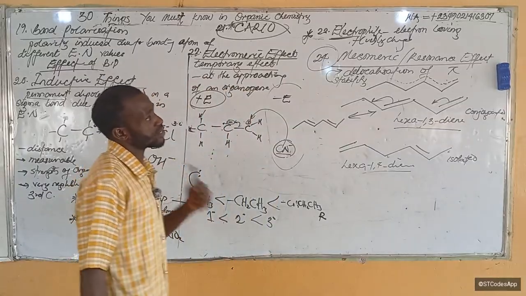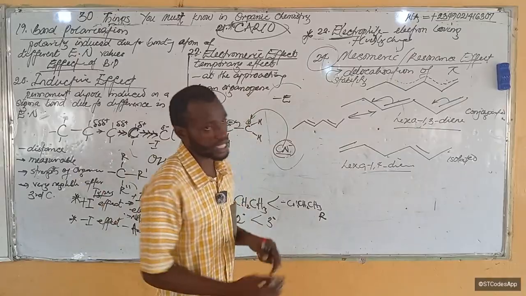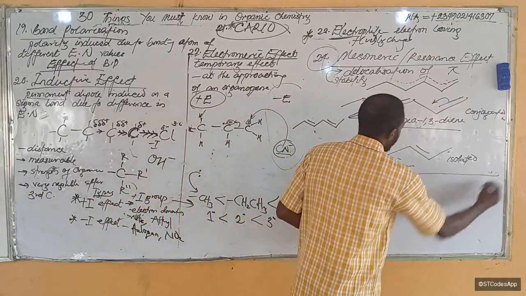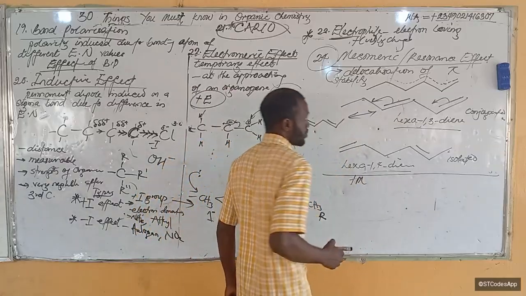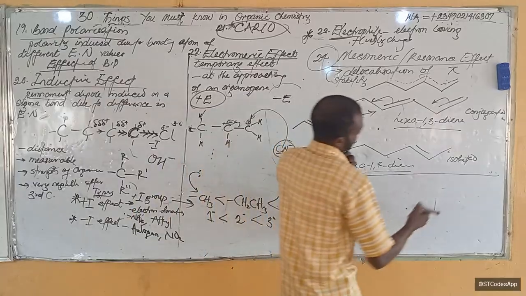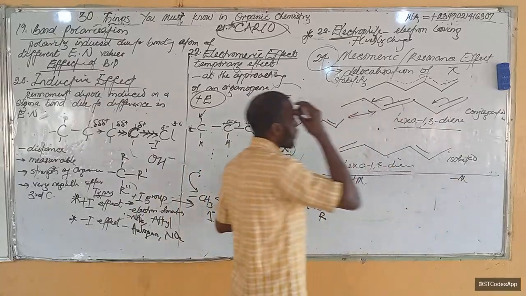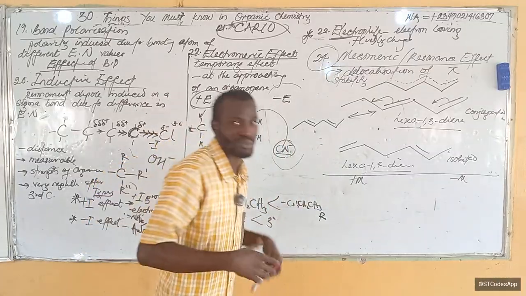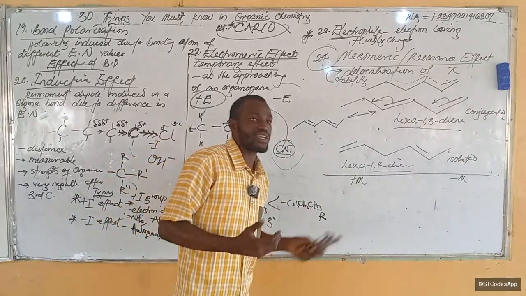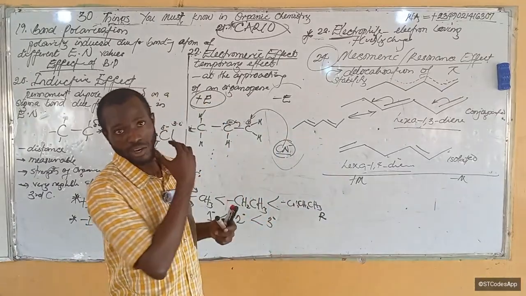And of course, there's positive mesomeric effect and there's negative mesomeric effect. For the plus M effect, or some people might say plus R effect, okay? Plus M and minus M effect. Plus M effect is brought about by electron donating group, and minus M effect is brought about by electron withdrawing group.